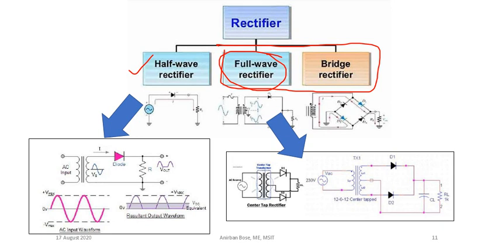First, the half wave rectifier: in the circuit only one diode has been used. In a center tap rectifier, full wave rectification is produced with the help of 2 diodes. And in a bridge rectifier, you require 4 diodes to make a full wave rectifier.